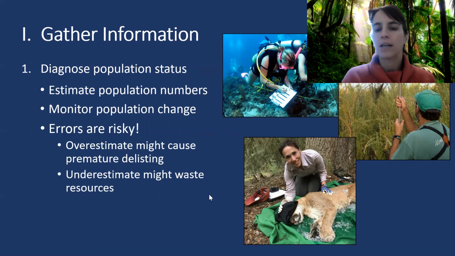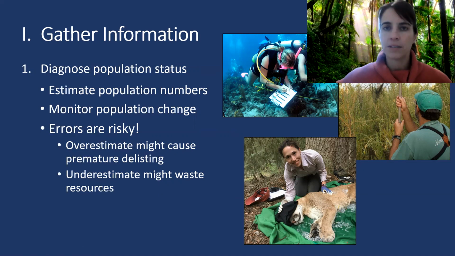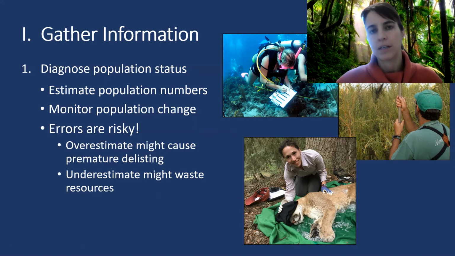So if you go out there and you are trapping mountain lions and you have a solid study design and you estimate, based on the number you trapped, how many you think are actually out there, but you estimate 300 and there's actually only 200, the U.S. Fish and Wildlife Service or the State Department of Environmental Conservation might decide to delist that species based on that estimate, meaning it no longer has the endangered species status or needs that protection. And as you can imagine, that's a terrible mistake if there's actually only 200 of those mountain lions.